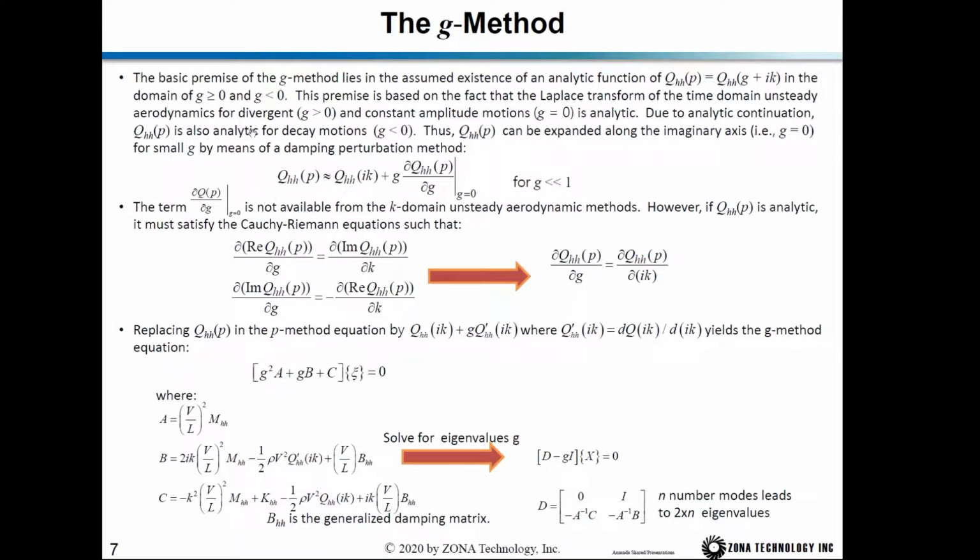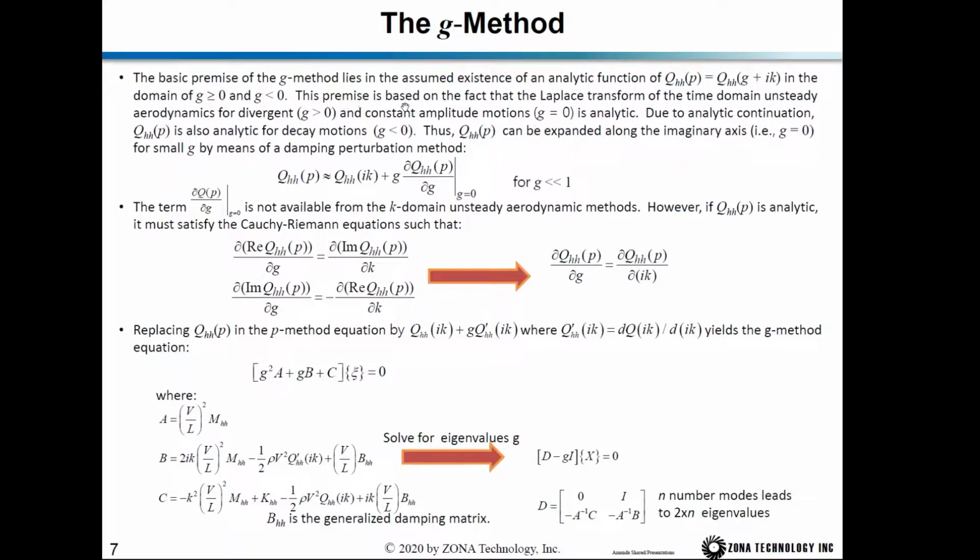The basic premise of the G method lies in the assumed existence of an analytic function of the Laplace domain GAF, with p equal to g plus ik. g is the damping, k is the reduced frequency, in the domain of g greater than or equal to 0 and g less than 0.